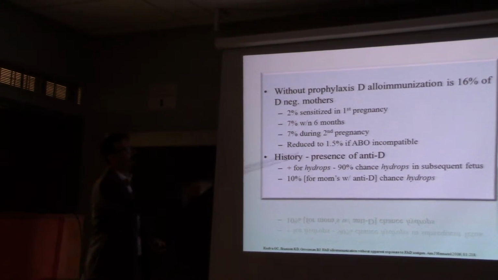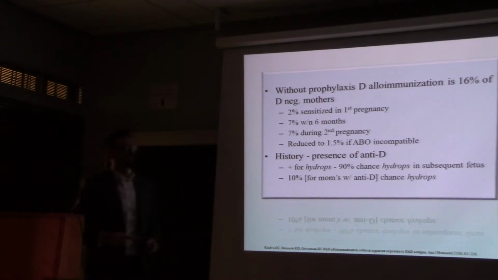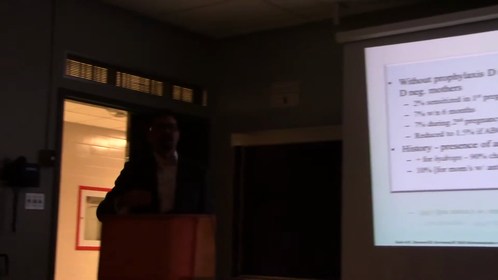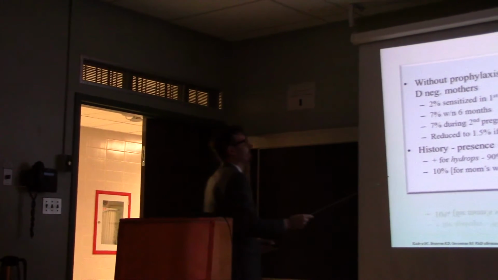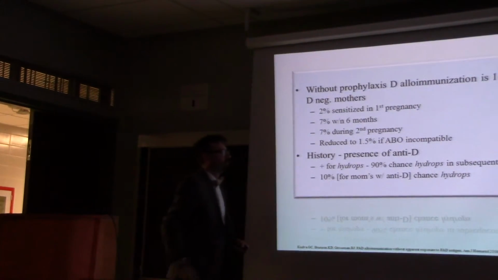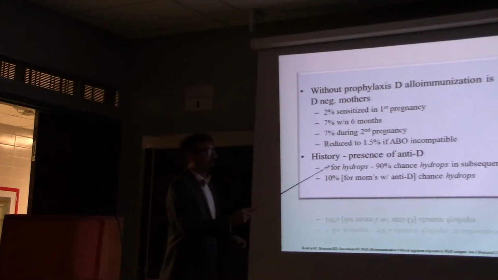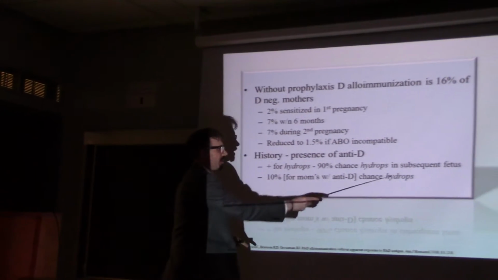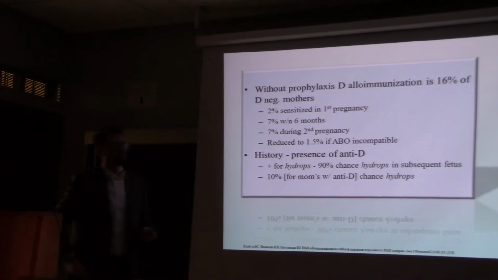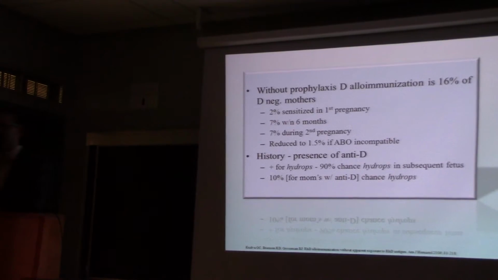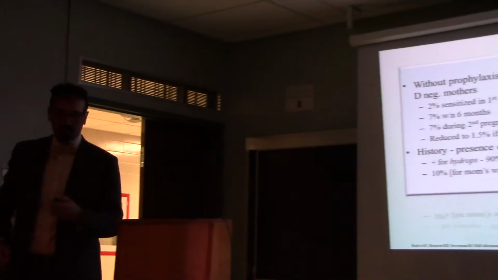So overall, of the 16%, a 10% chance of hydrops. Now this is without RhoGAM or WinRho. Now, if you've had hydrops before, unfortunately, you have a 90% chance of getting hydrops in subsequent pregnancies.